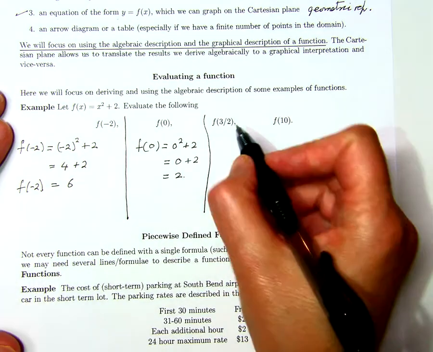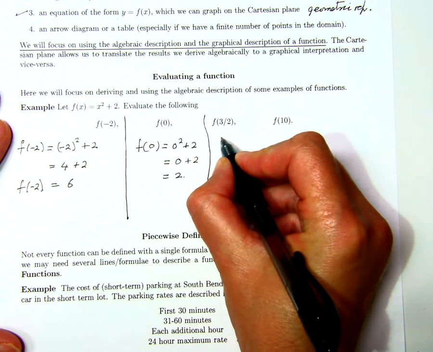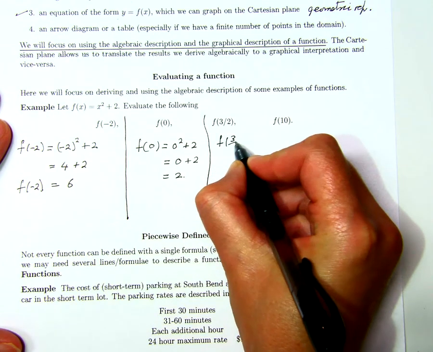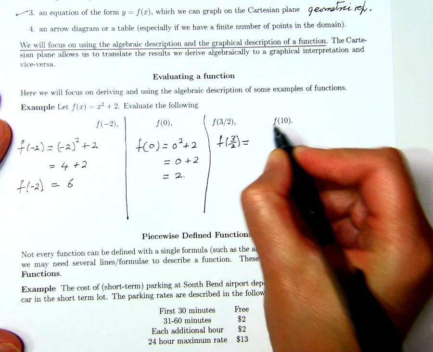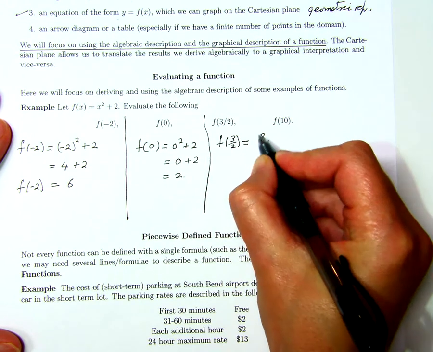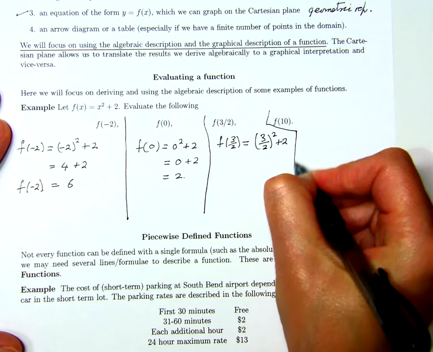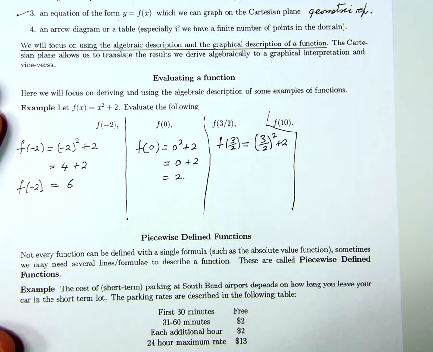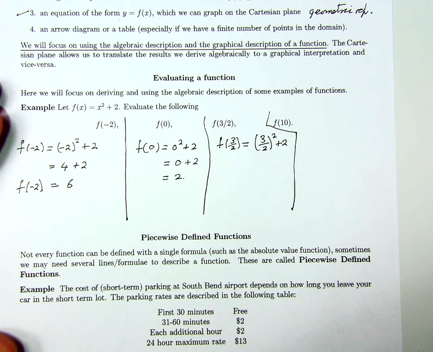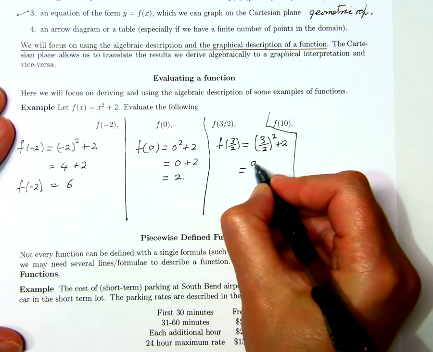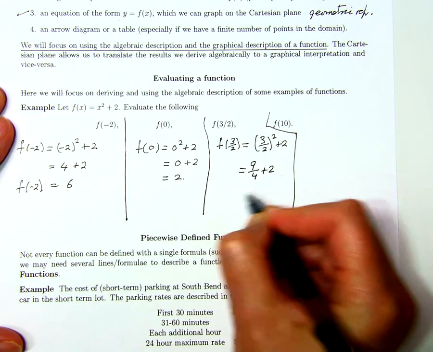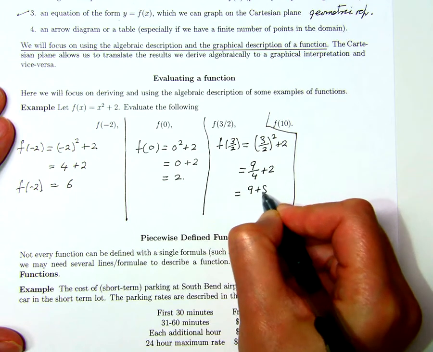What about f of 3 over 2? Well, again, I substitute 3 over 2 for x here, and I get f of 3 over 2 is 3 over 2 squared plus 2. Now the rest are details. That's 9 over 4 plus 2. It's 9 plus 8 over 4.